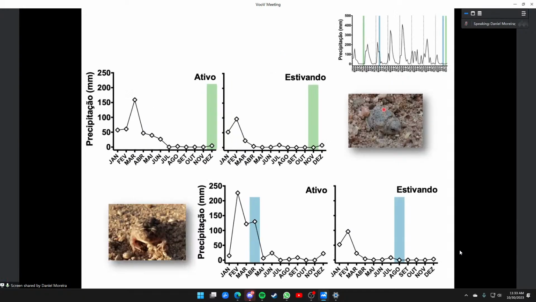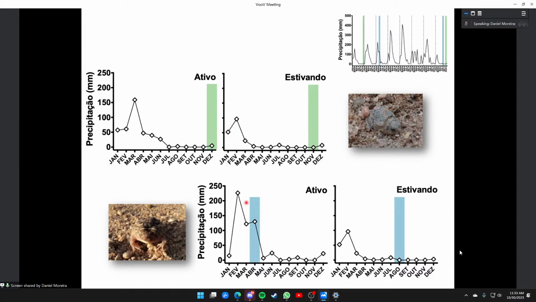So we have 4 sets of animals. The first set is a group of Pleurodema diplolistris animals that were active. The second set were estivating Pleurodema diplolistris animals.